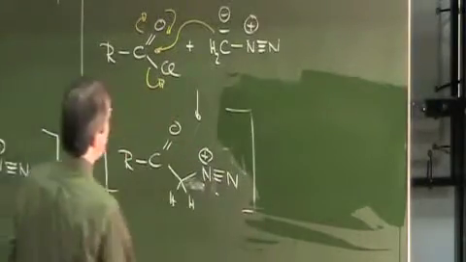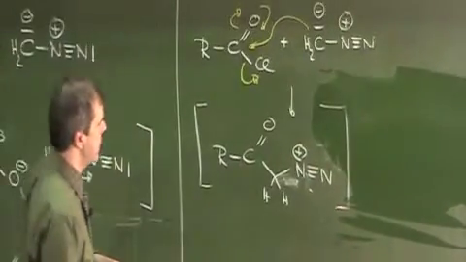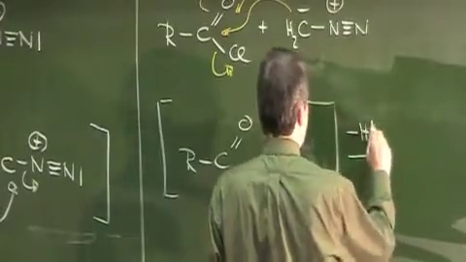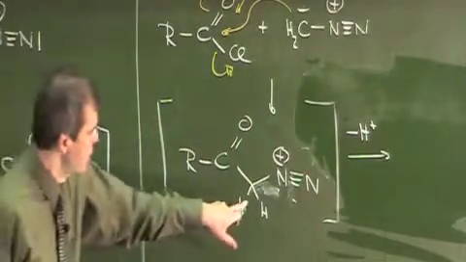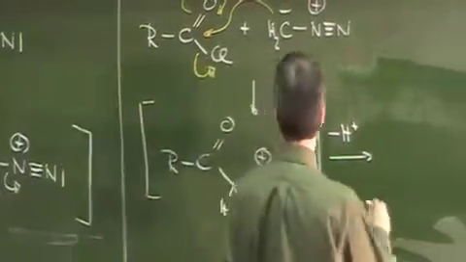So after attack of diazomethane to the acid chloride, an intermediate of this type is forming, which will now rapidly lose a proton in order to form a diazoketone.